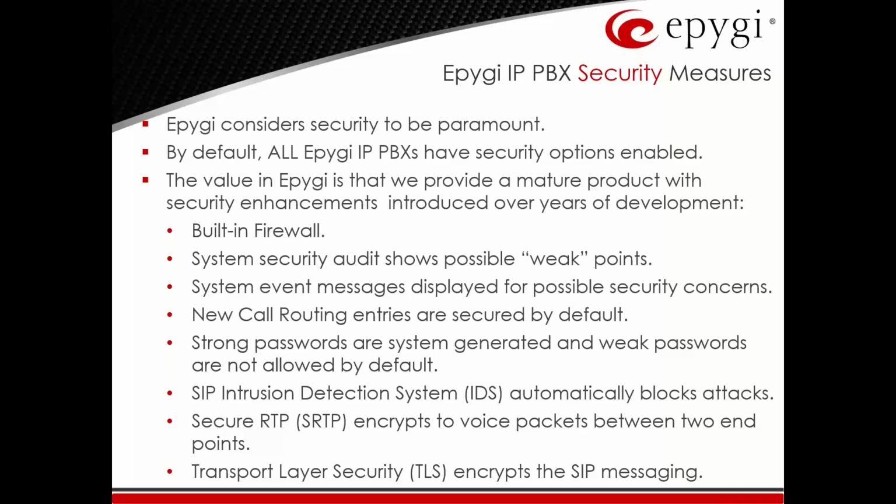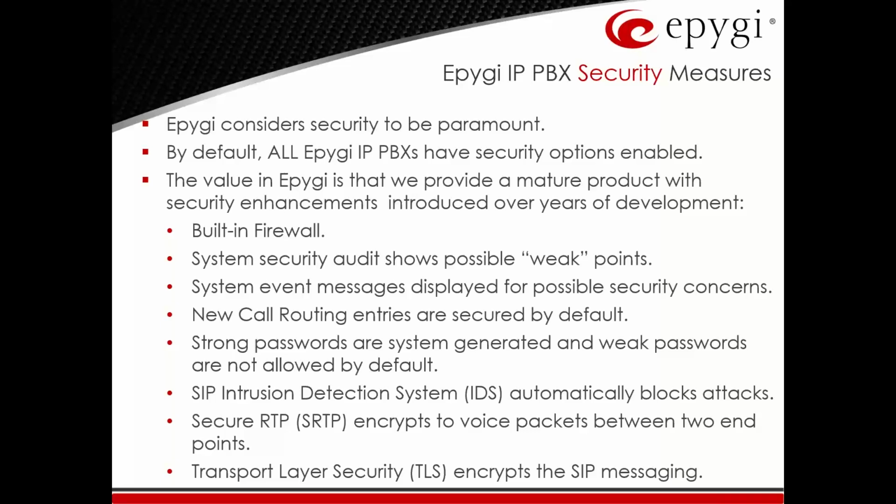All right, we've got a built-in firewall. We have a system security audit that shows any possible weak points. System event messages can be displayed for possible security concerns. You can even be alerted; you can receive emails about these events.